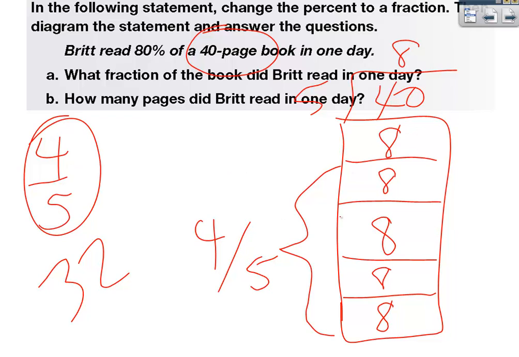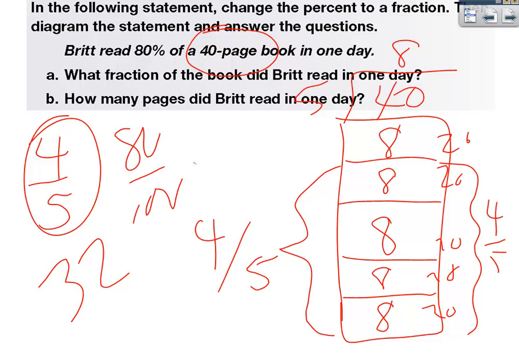Another way that you could look at this, to answer question A, the fraction, is that you know that each one of these is equal to 20%, right? So by knowing that, you know that four of these, so 4/5, automatically gives you your fraction of 4/5 without having to do the 80 over 100 divided by 20 over 20.